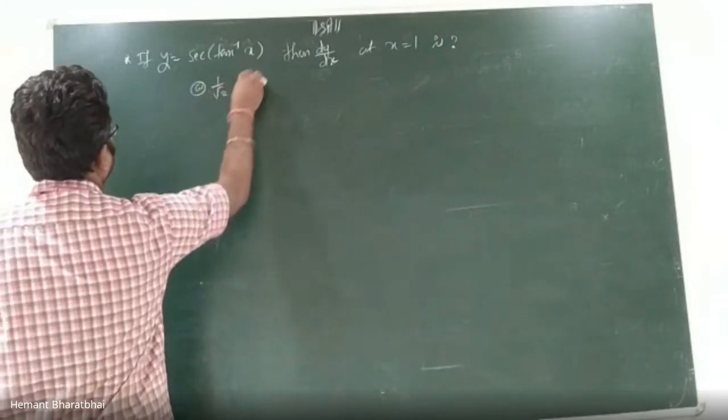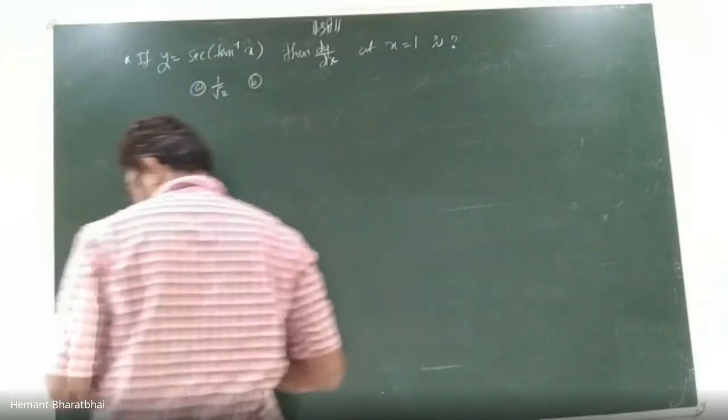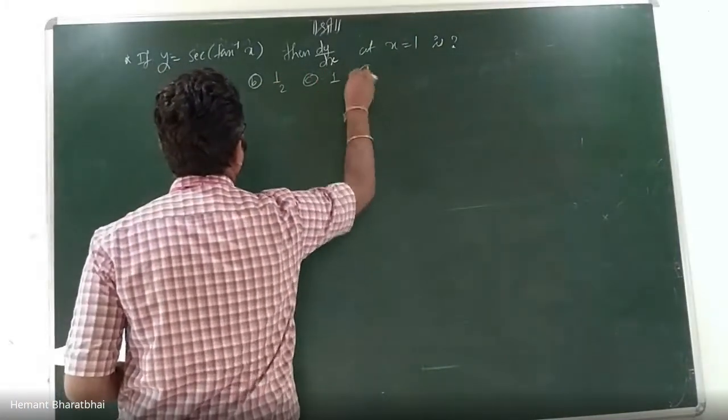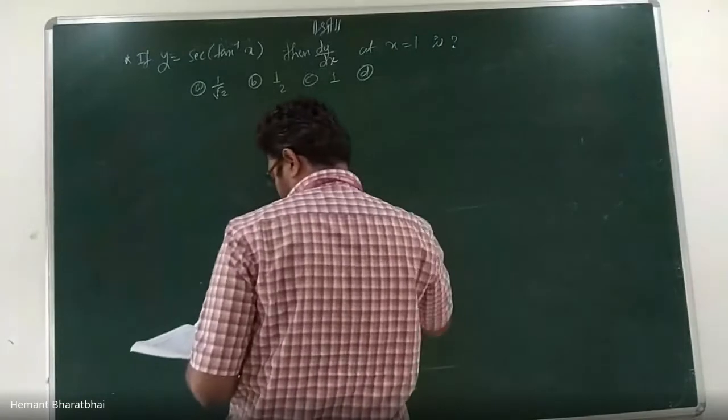The options are: option A is 1 by root 2, option B is 1 by 2, option C is 1, and option D is root 2.